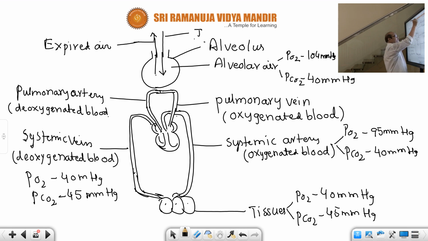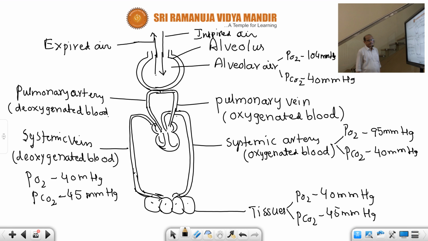This is inspired air, with O2. You have to carefully note these down. Carefully note down this diagram also. This is alveolus. So this is a very important diagram in the diagrammatic representation question.